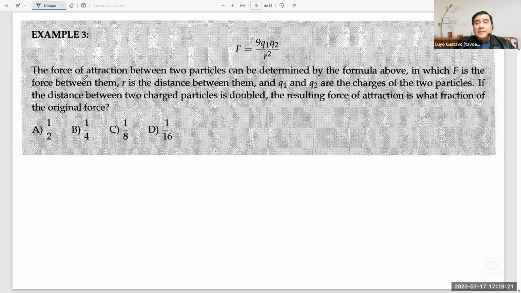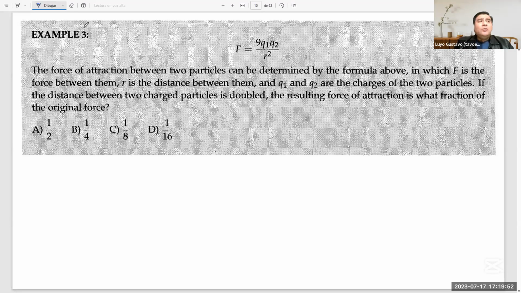Okay, let's go over the solution. Let's read. There is a formula: F equals 9 multiplied by Q1 and Q2, the product of the three factors divided by the square of R. The force of attraction between two particles can be determined by the formula above, in which F is the force between them, R is the distance between them, and Q1 and Q2 are the charges of the two particles.